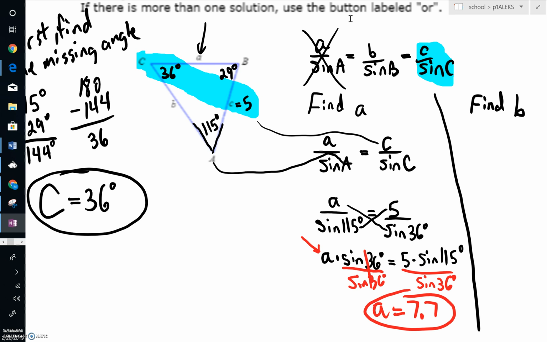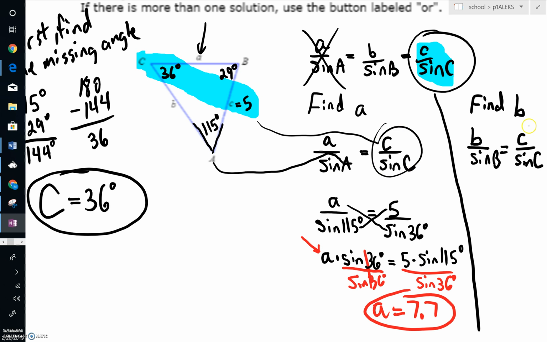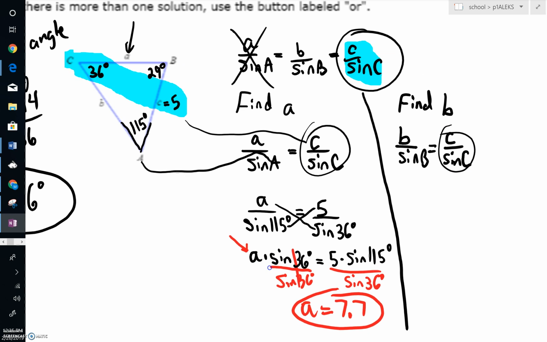You're interested in finding side B. So I'll have B over the sine of angle B. Here we go again. What we had in blue, that's so important. You want to identify the letter that shows up for the angle and the side, the information that you have. You're going to use that twice. You can see it's going to help you in both of your fractions.